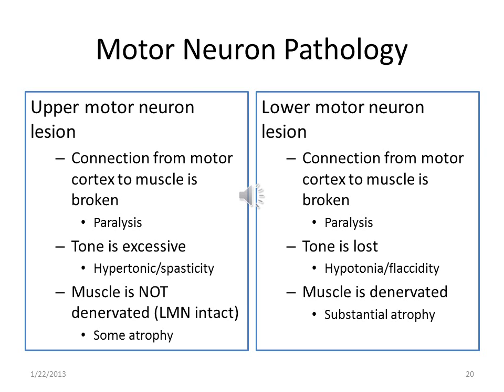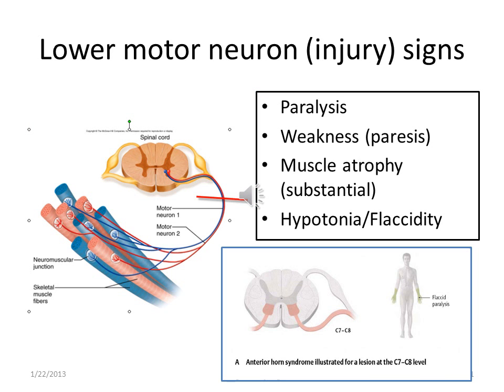In a person with an upper motor neuron lesion, the lower motor neuron is intact, so there is some atrophy of the muscle, but mainly due to disuse rather than loss of acetylcholine. So this is a good slide to know because it summarizes and compares and contrasts the two different types of motor neuron injuries.